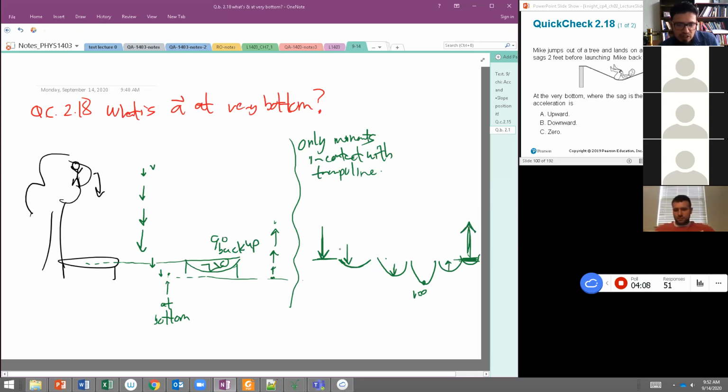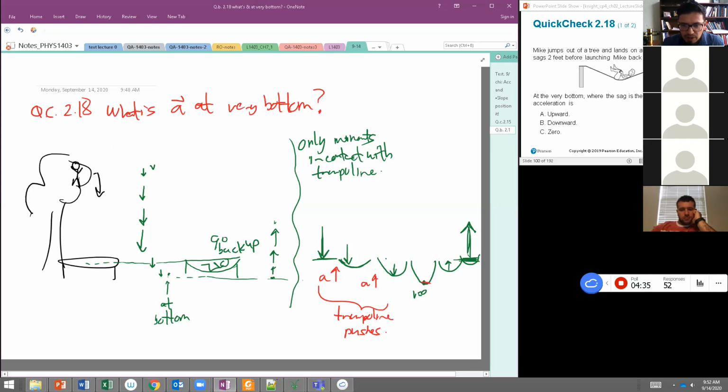So you've got these decreasing velocity vectors. The first hint for you there is, anytime you have decreasing velocity vectors, that means our acceleration is going upwards. It's against the motion. And this is being caused by the trampoline. Basically the trampoline is what's causing the pushing.